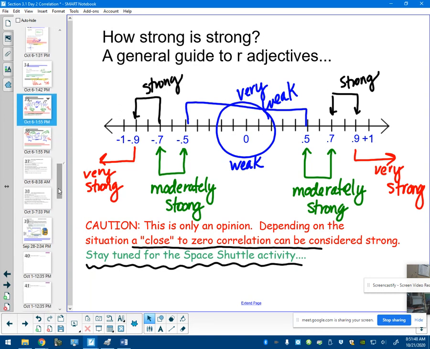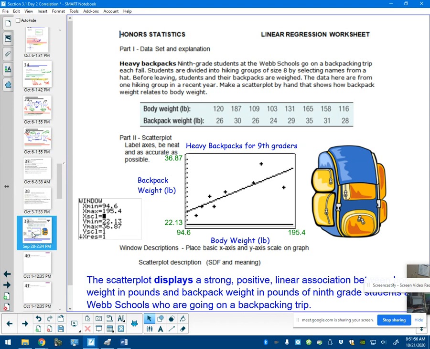All right. Any questions on that? Now we're gonna figure out how to find R. So we're gonna go back to this that we did yesterday in our packet. We're looking at page 12 in our packet.